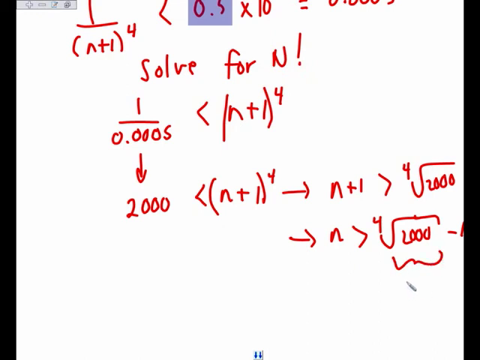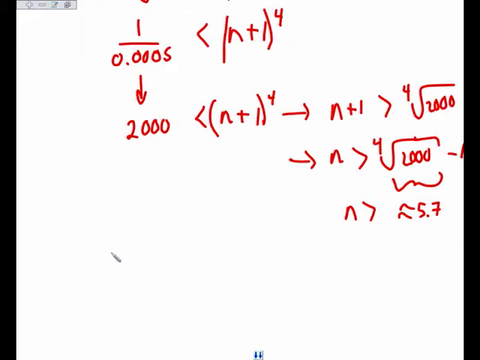So our n value needs to be greater than 5.7. The smallest value of n where we can make this happen is when n is equal to 6.